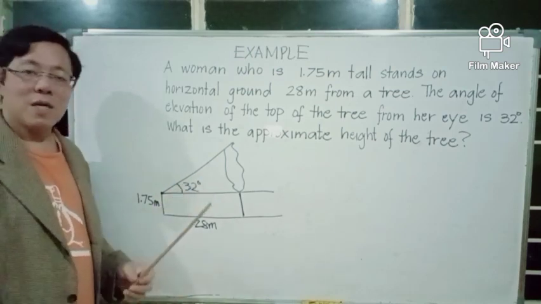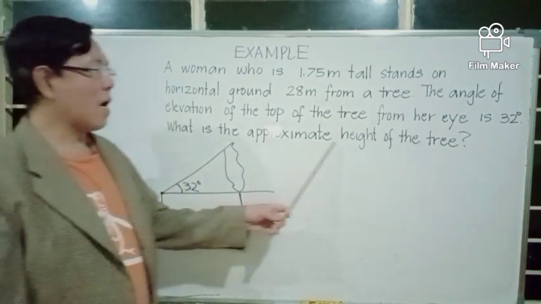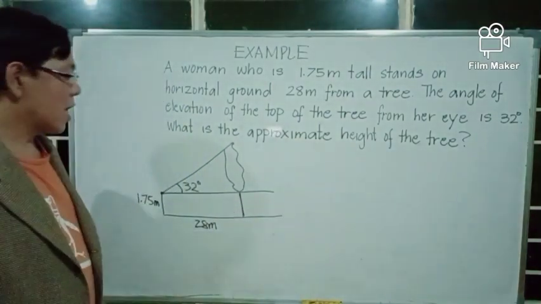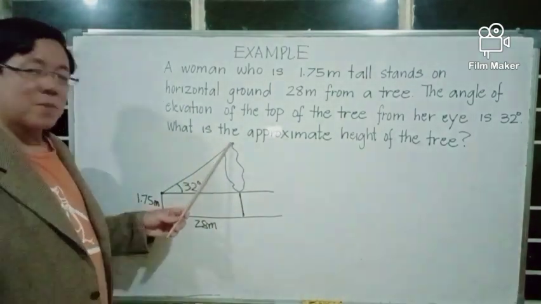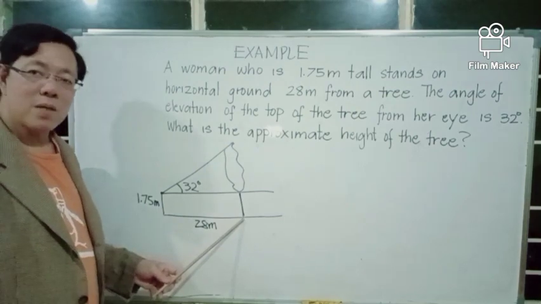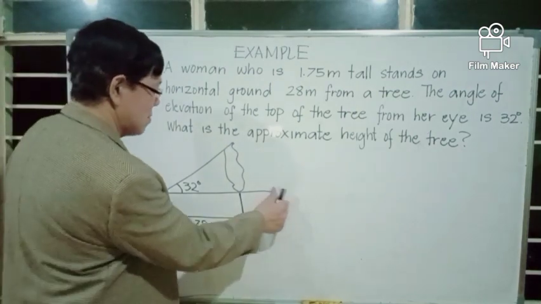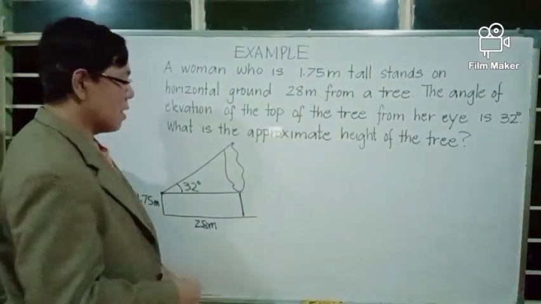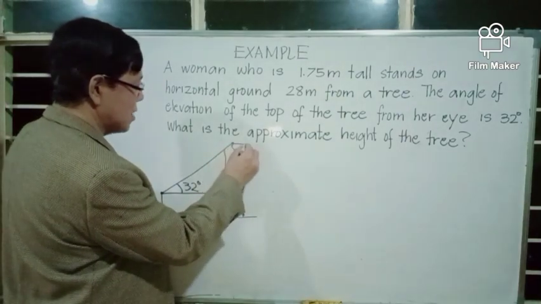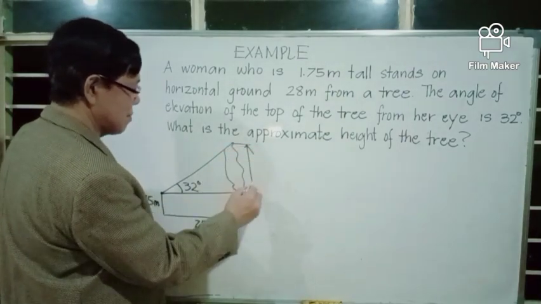And the question is, what is the approximate height of the tree? The height of the tree is the distance from the top of the tree to the level ground or horizontal ground, and we denote that height by h.